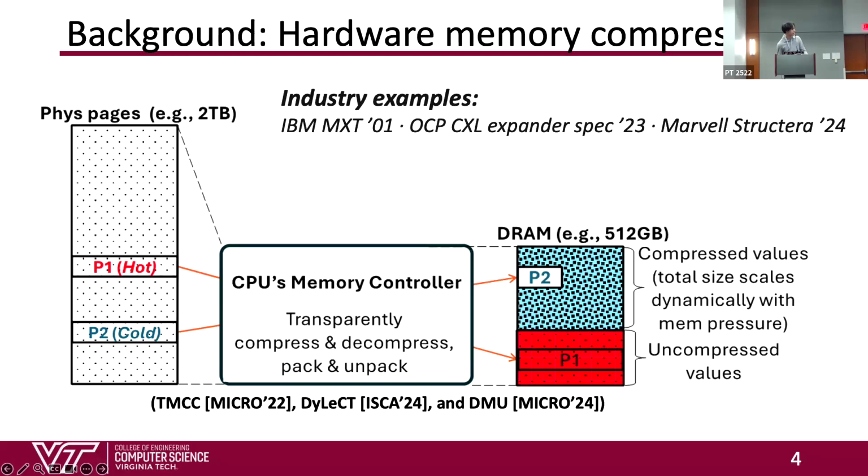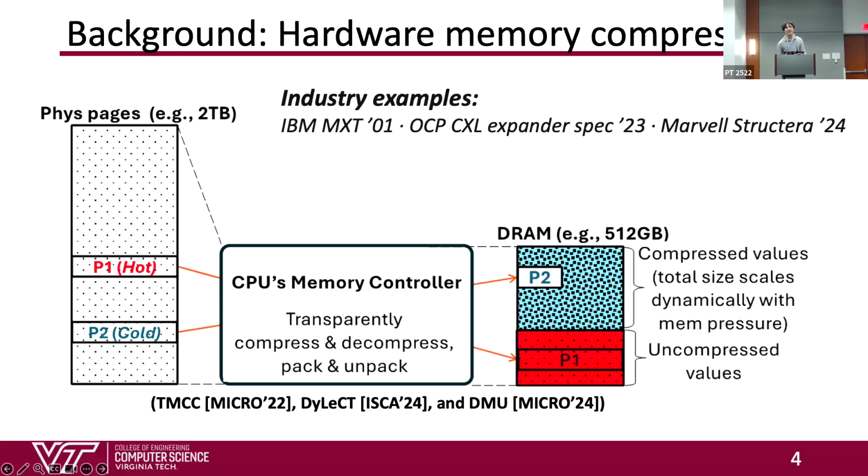You can see that on the left side, the processor sees a large physical address space, but on the right, the actual DRAM is much smaller. And hot pages, frequently accessed pages, are put in this uncompressed tier and suffer very little overhead, while colder pages are compressed and packed into this compressed region of memory.